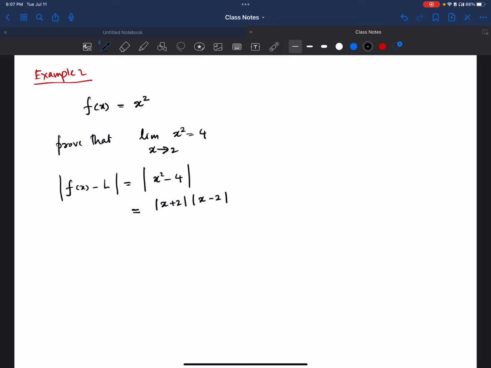So our requirement is that x minus 2 should be between 0 and delta, less than 1, right?